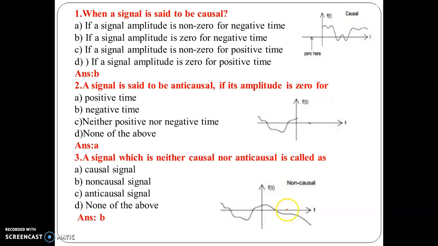Now here, the signal is appearing in both the positive time and the negative time. So it is neither causal nor anti-causal. Such a type of signal is referred to as a non-causal signal. So here option B is right, non-causal signal.